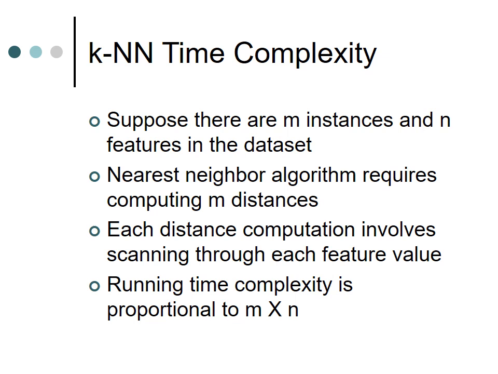The time complexity of the k-nearest neighbors algorithm can be significant, particularly in large datasets. During the training phase, KNN has a time complexity of order 1 because it simply stores the data points. However, the real computation comes during the prediction phase, where the time complexity is order of m times n for each query point, where m is the number of training samples and n is the number of features or dimensions.